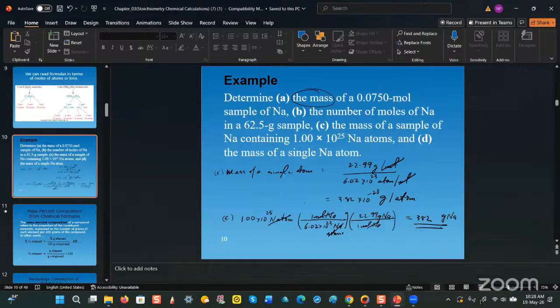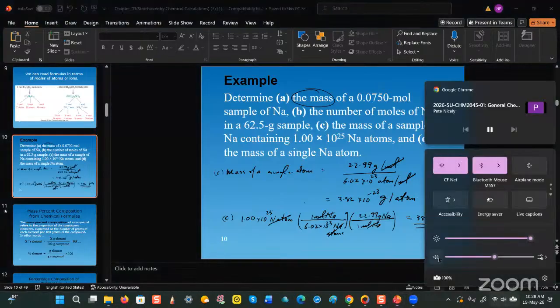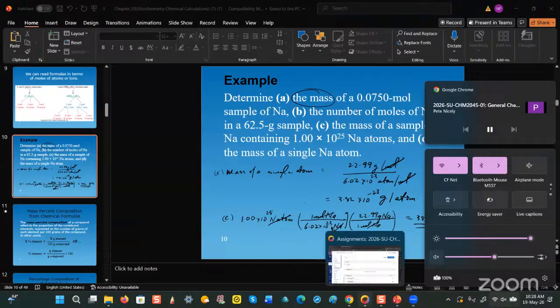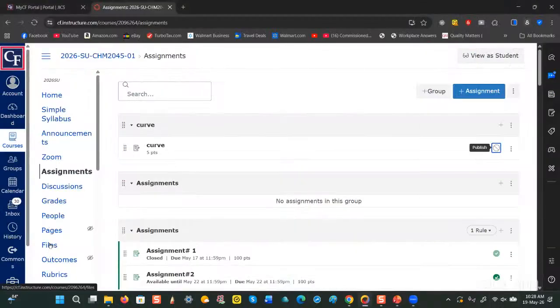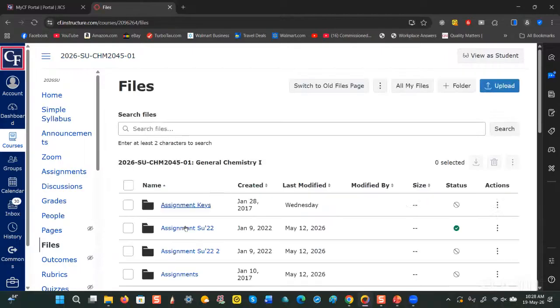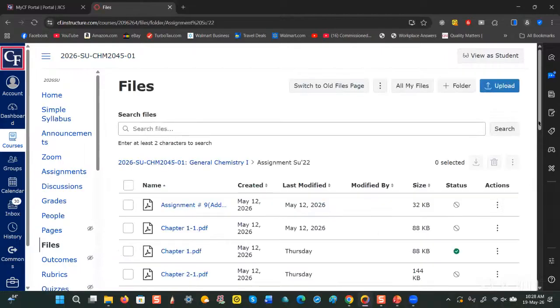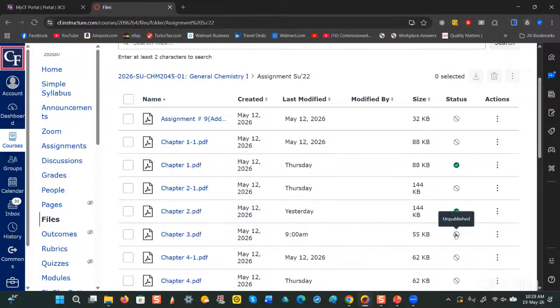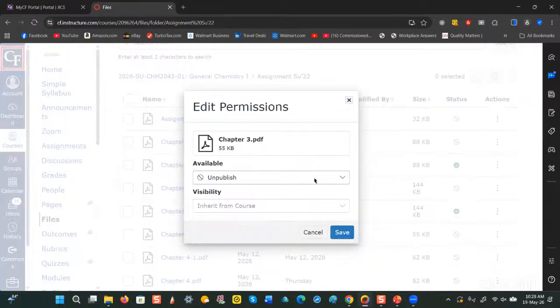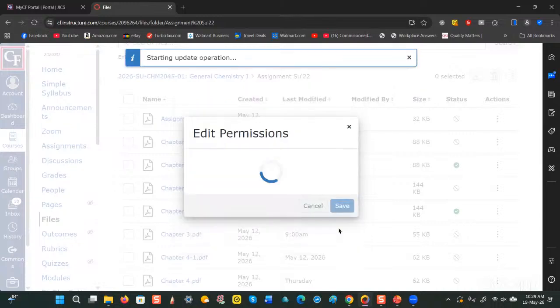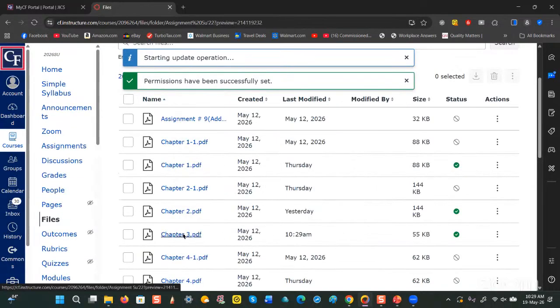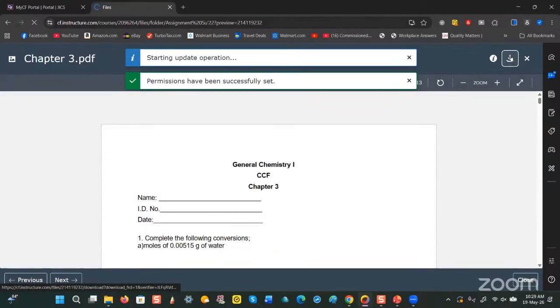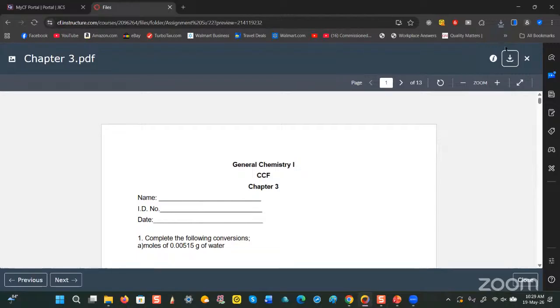For the person out there in Zoom, let me publish it in Canvas for you. Okay, so this is assignment 3. All right, so Addison, you should now be able to download assignment 3. I've just published it. All right.